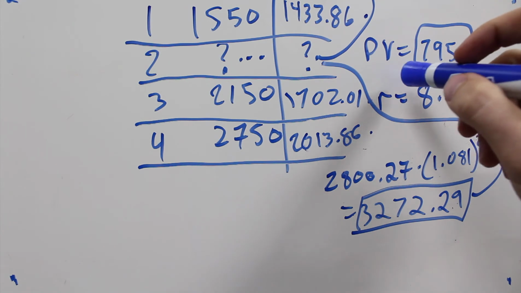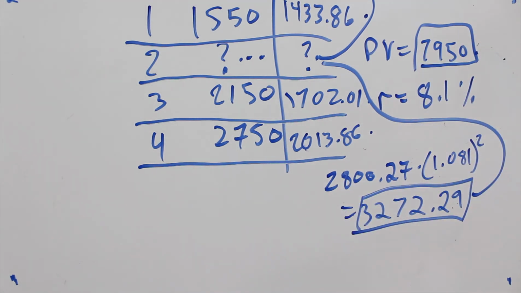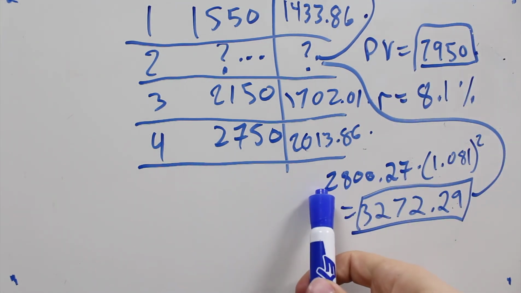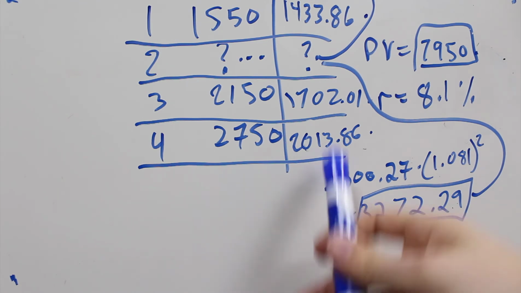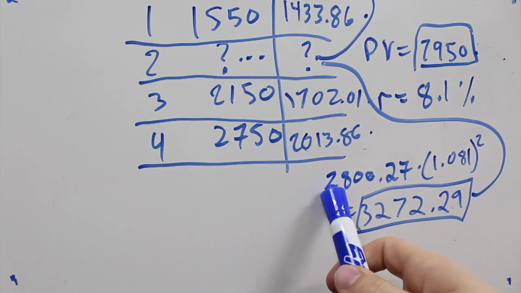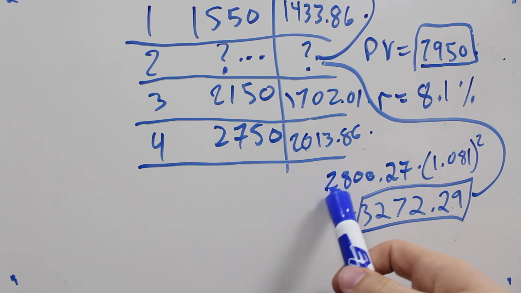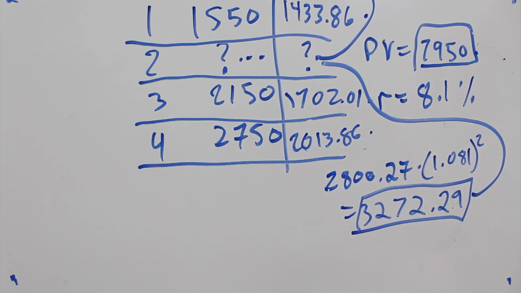Then that gets us our overall present value of 5,149. We subtracted that from 7,950, we got 2,800, and then we future value 2,800 to year 2, because 2,800 is the value in year 0. We future value it to year 2, and we get 3,272.29. So that's our final answer.